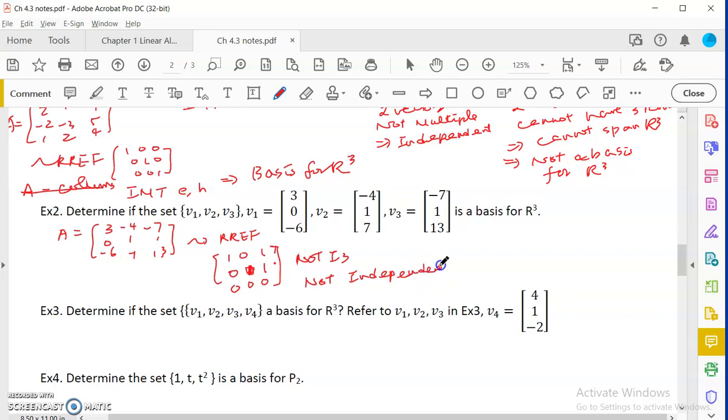As a matter of fact, you can tell that the third one is a linear combination of the first two. They're not independent, so they also do not span R3.